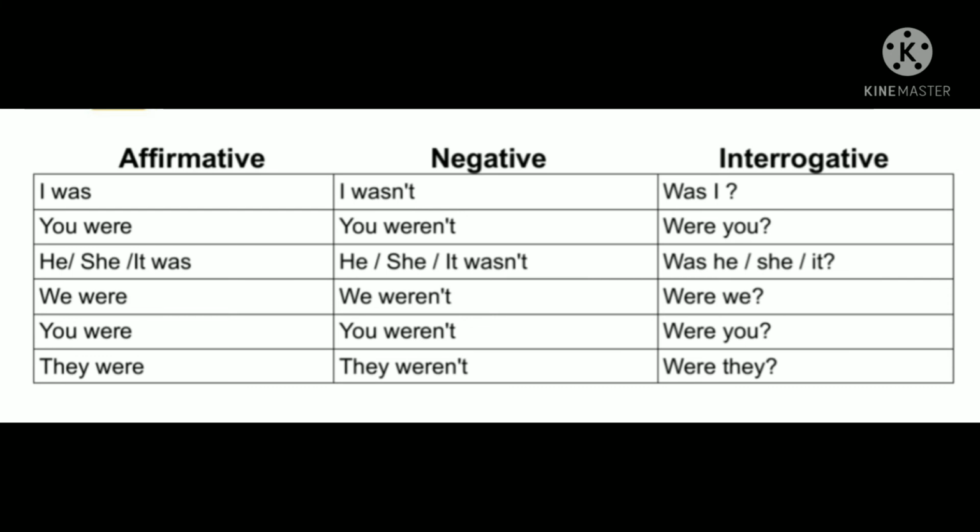If you remember the first of the affirmative, I was, the first of the negative, I wasn't, and the interrogative of I was, was I, you could remember the rest for you, he, she and we. Just remember that it's I was, but with you we have were and with they we have were.